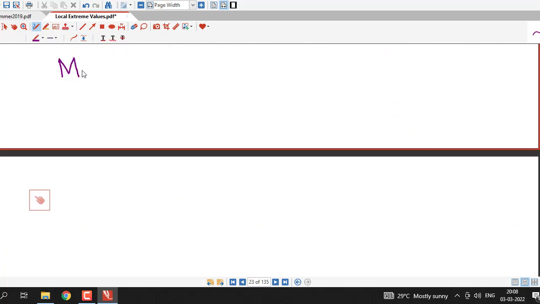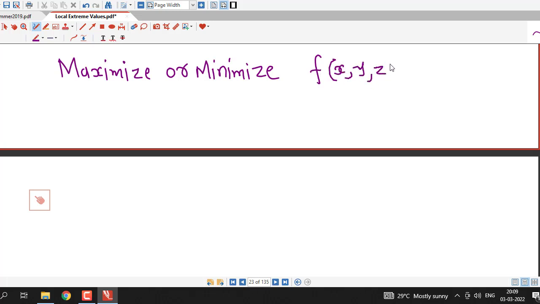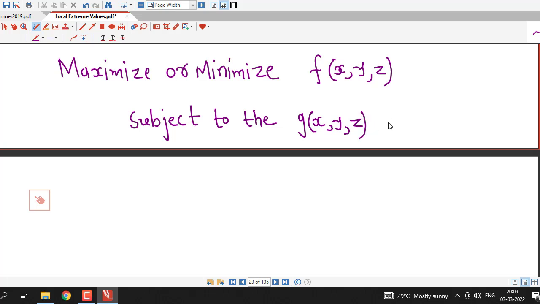For Lagrange multipliers, the structure of our problem will be like this: maximize or minimize a function f, which can be a function of 3 variables also, subject to the constraint, which will be given in this form: some function g of (x,y,z) equal to 0, or equal to some constant k.